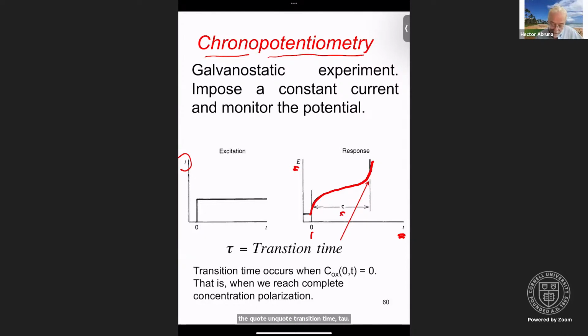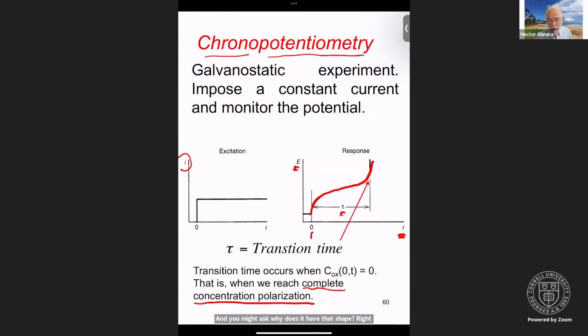The transition time occurs when you basically reach complete concentration polarization, meaning the surface concentration of ox goes to 0. And you might ask, why does it have that shape?